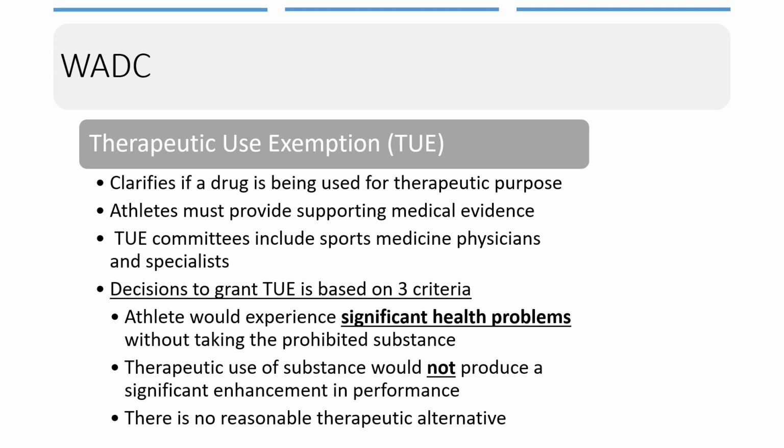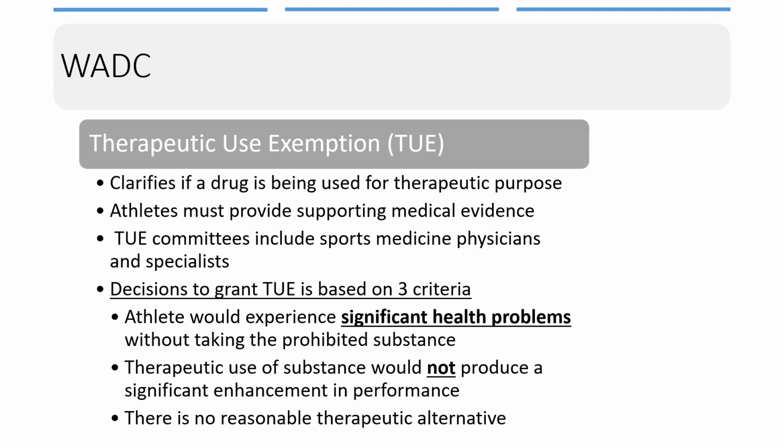To qualify for a TUE, athletes are required to furnish comprehensive medical evidence that substantiates their need for the prohibited substance. And expert TUE committees comprising sports medicine physicians and specialists evaluate each case very, very carefully.